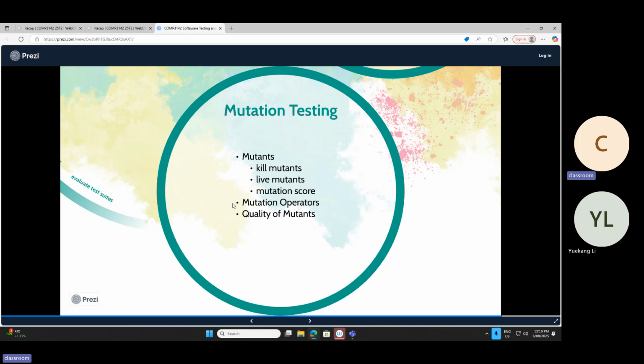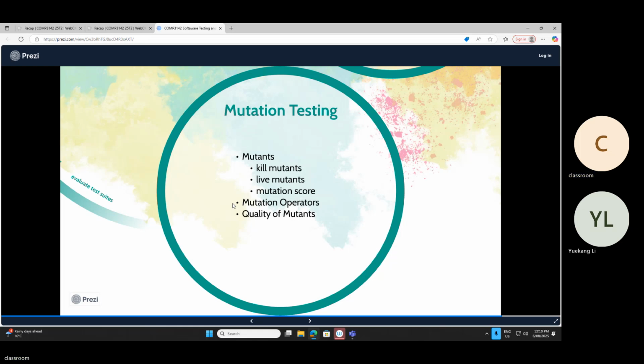For most of the testing techniques we just learned, they are used to test the quality of the target program, right? But we don't know the quality of our test cases, right? We can use test cases to test the quality of the software, but how do we know the quality of our test cases, right?